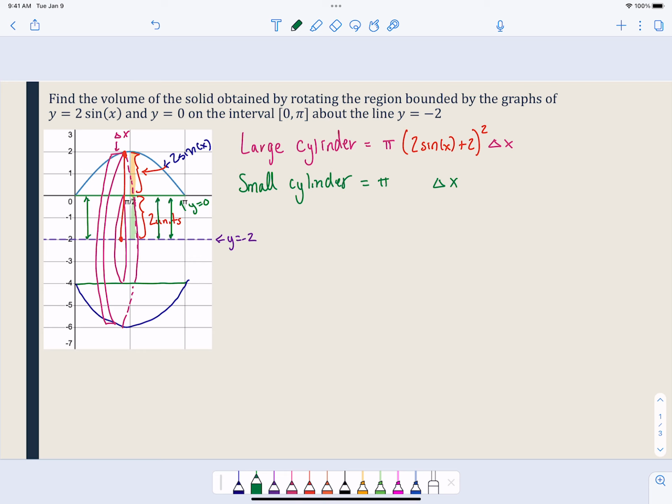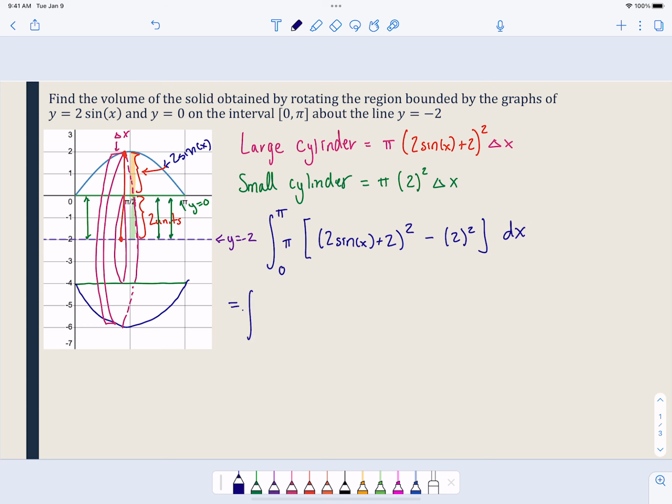It's 2 units from the x-axis to that axis that we're rotating about, so its radius is 2. So then our integral is going to be from 0 to pi. We can factor that pi out in front, and then we've got our larger radius, minus our smaller radius, and then our delta x turns into dx.